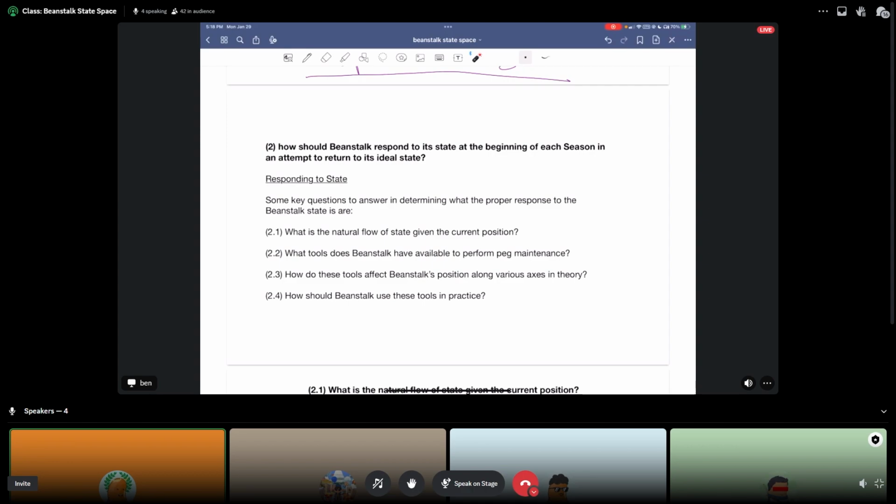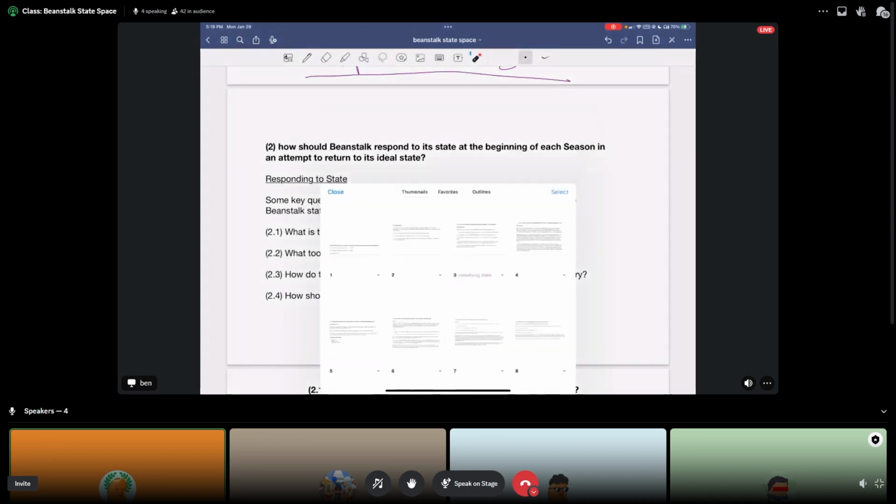Given what we know about what's going on, what is actually happening to Beanstalk? And then 2, what tools does Beanstalk have available to perform peg maintenance? So what can Beanstalk do given what's happening to it? Then we want to understand more deeply, how do these tools actually affect Beanstalk? And then finally, how should Beanstalk use these tools in practice?